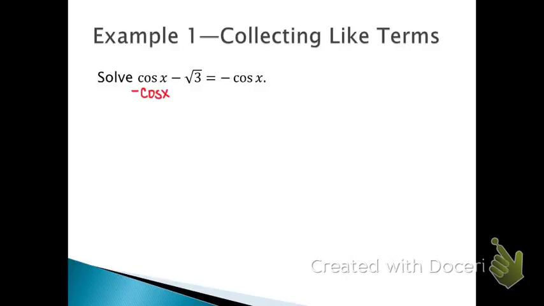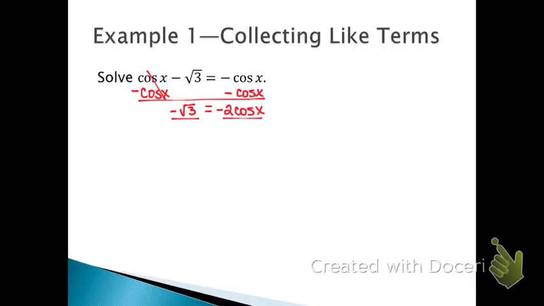So we subtract it. When we do that, we get negative square root of 3 equals, what's negative cosine minus cosine? Negative 1 minus 1 is negative 2, so we have negative 2 cosine of x. And how do you get cosine by itself?